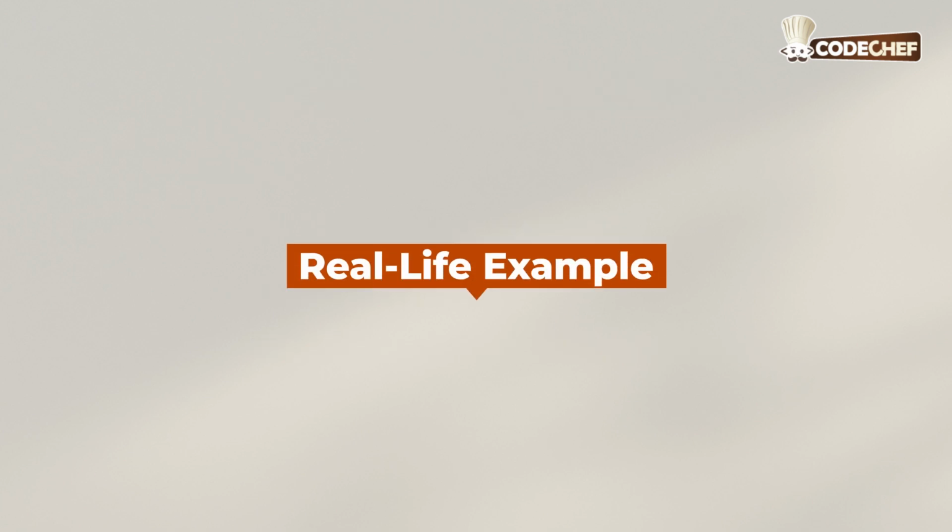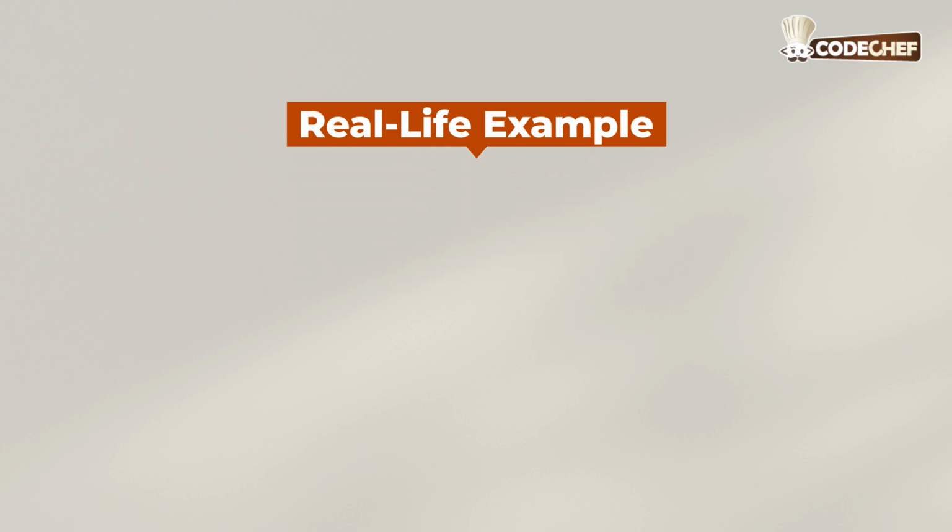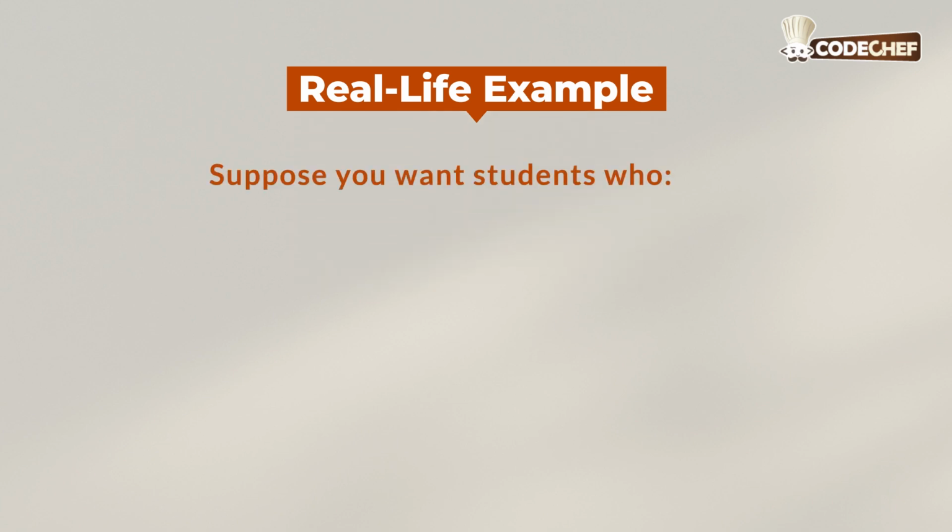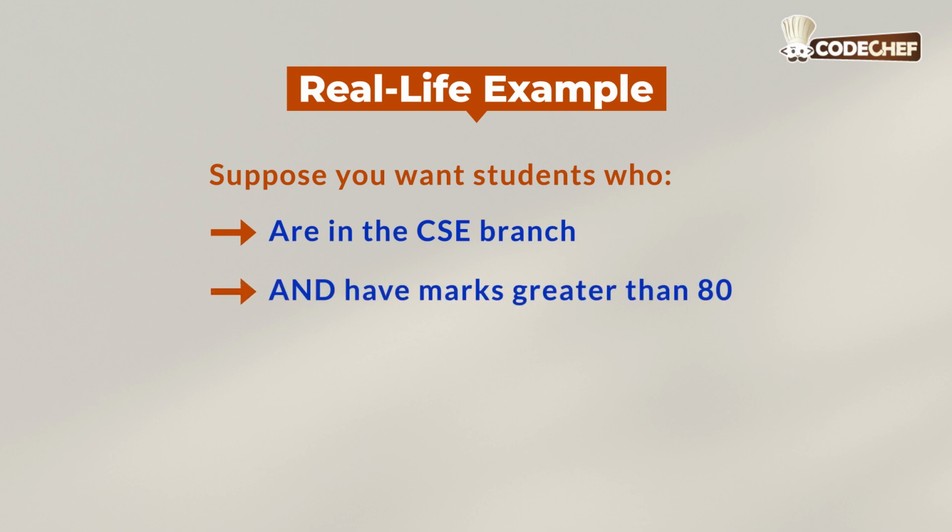Let's understand the use of the AND operator with the help of a real life example. Suppose you want students who are in CSE branch and have marks greater than 80. So these are 2 different conditions. First, the data that we are trying to fetch should be of students who are from branch CSE and their marks should be more than 80.